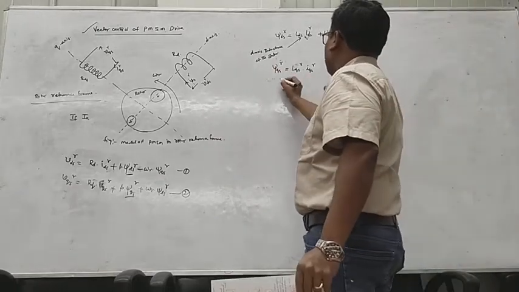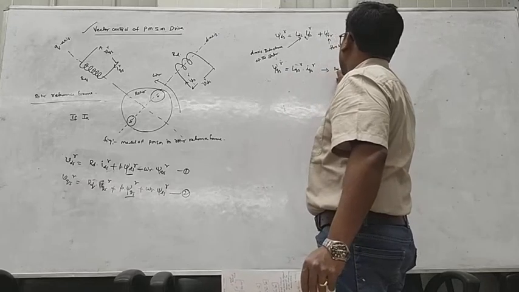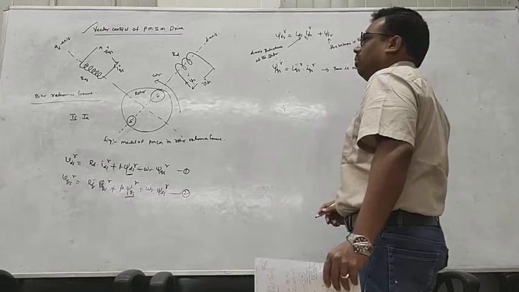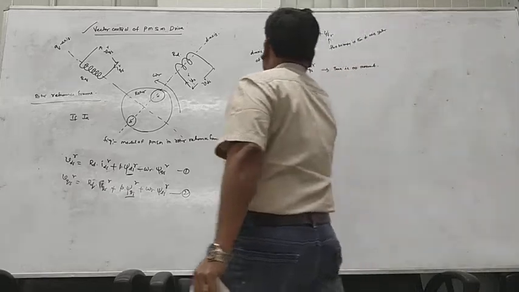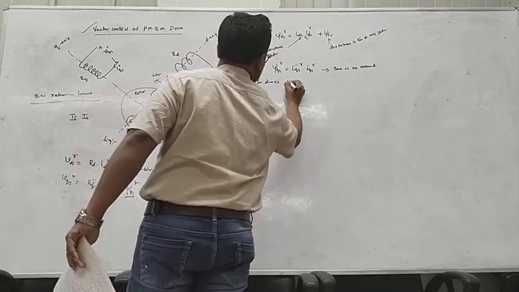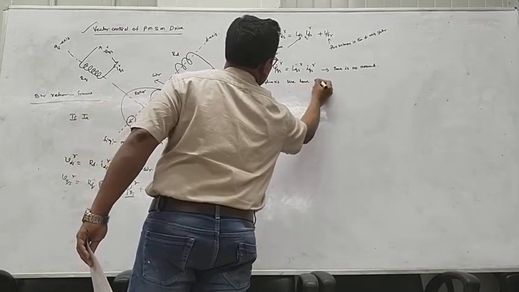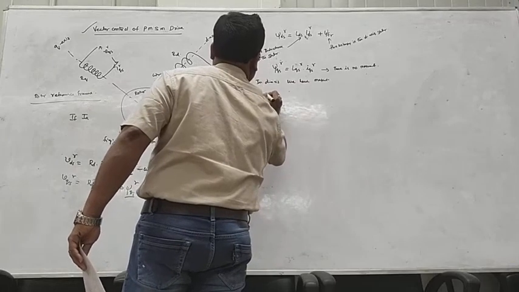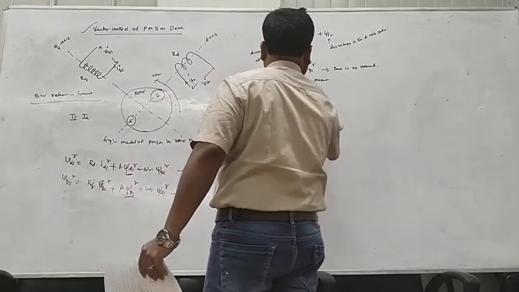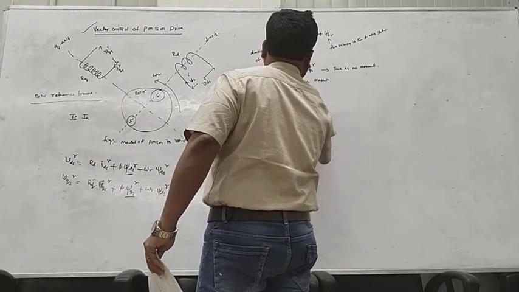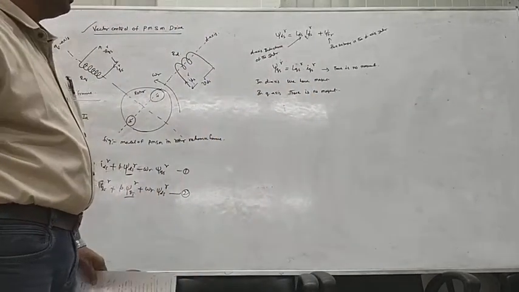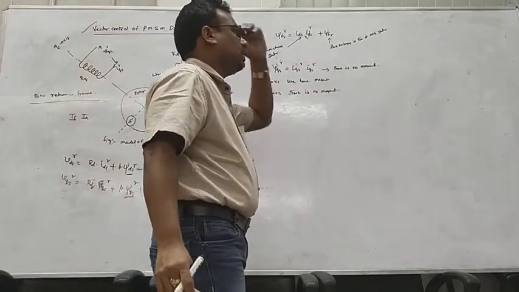So there is no flux linkage from a magnet in the Q axis.